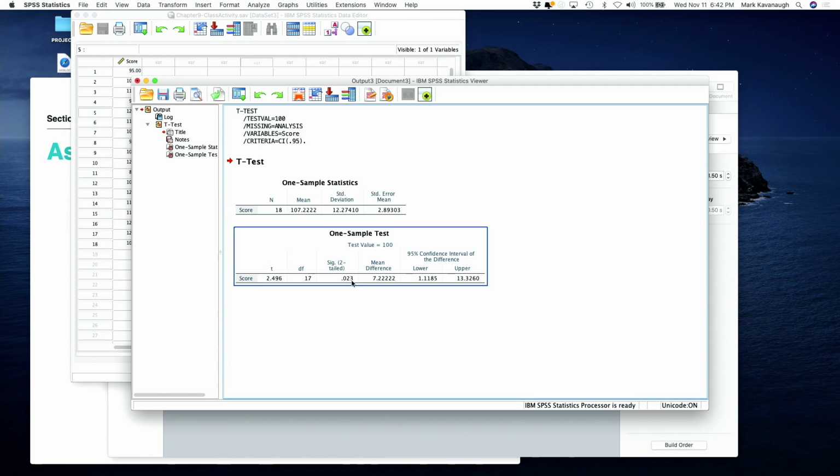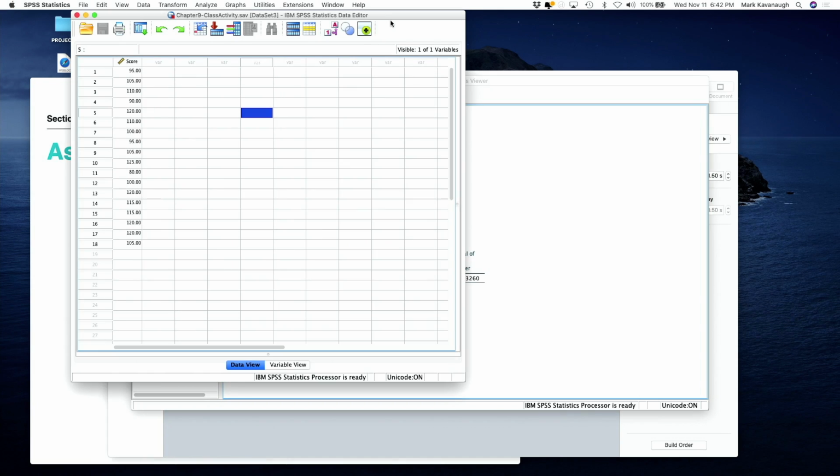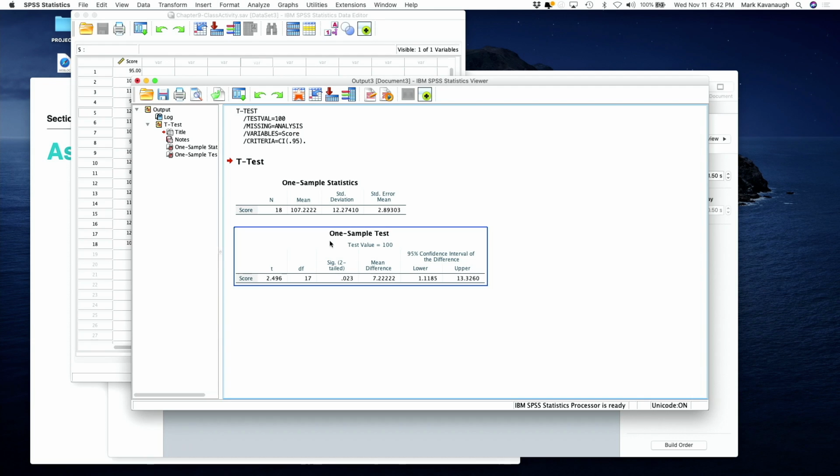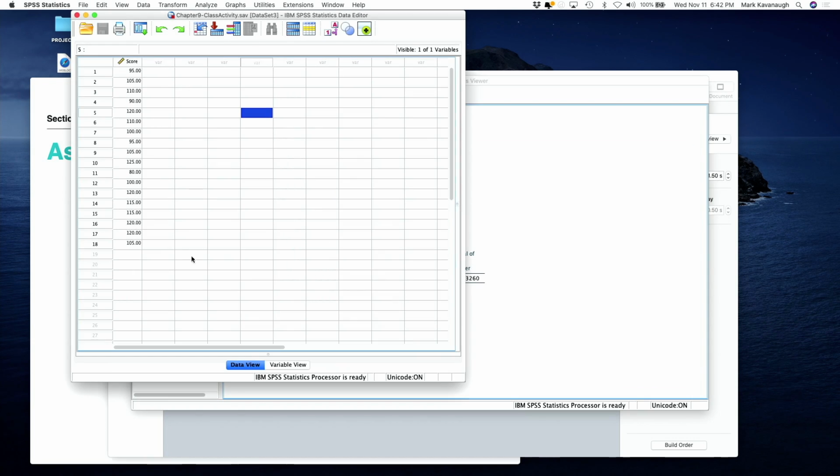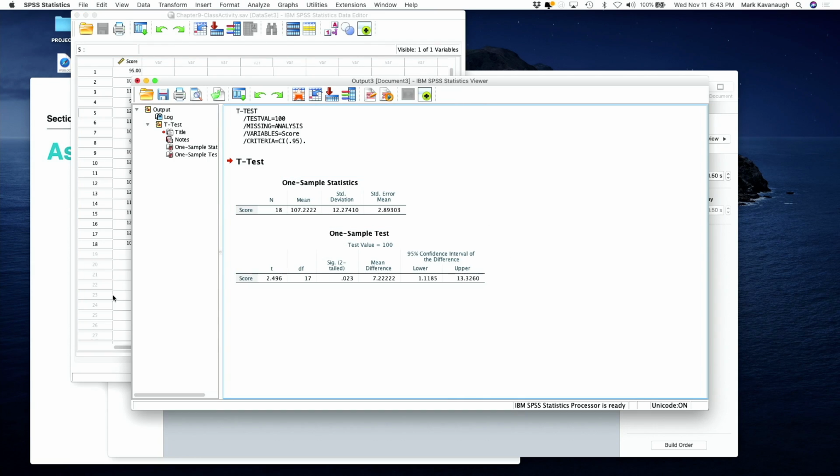So, in fact, this is a significant difference between these and a theoretical standardized test here. If the population usually scores a 100, that's what I've determined here, then this group scored significantly higher.